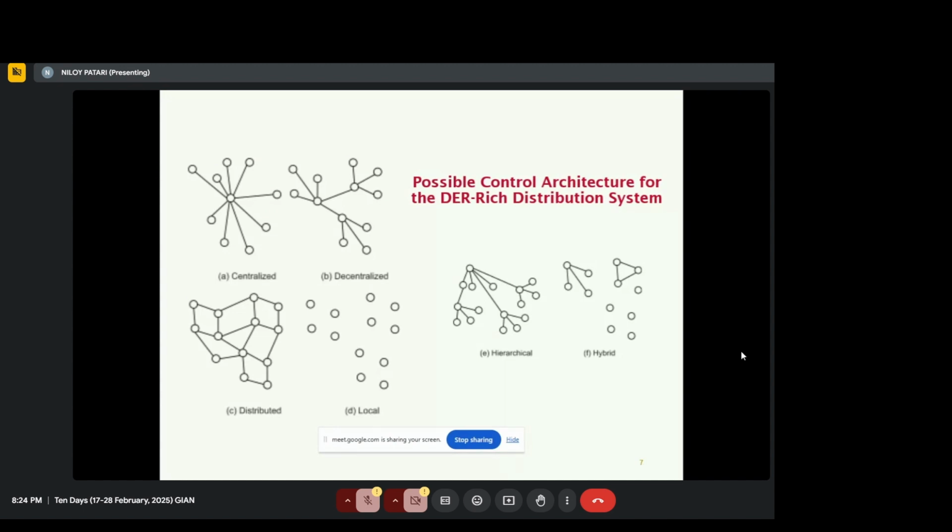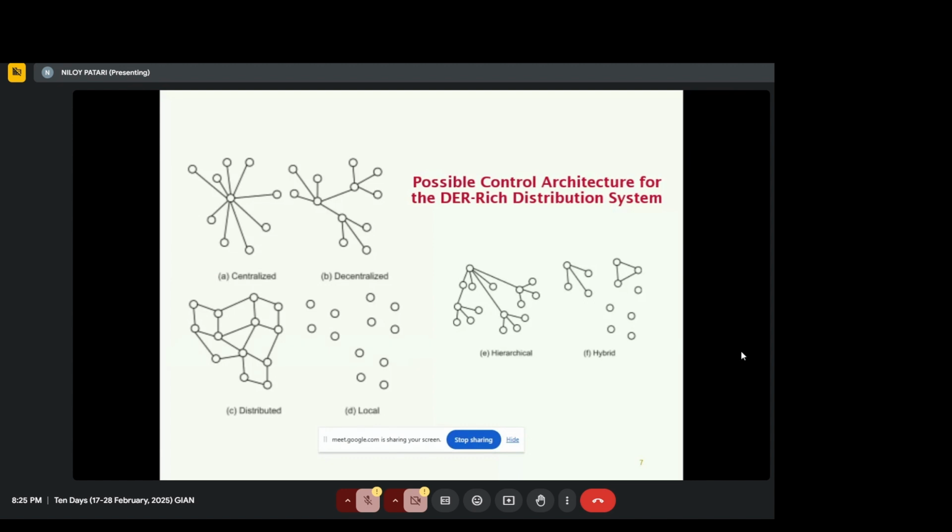Say there is a capacitor management system, an agent which sits on the capacitor and senses the local bus voltage. If the bus voltage is less than 0.96, switch on the capacitor. If the voltage is beyond 0.98, switch off the capacitor. Otherwise, don't change the status: if it is on, keep it on; if it is off, keep it off. So you can have this kind of local control architecture, right?